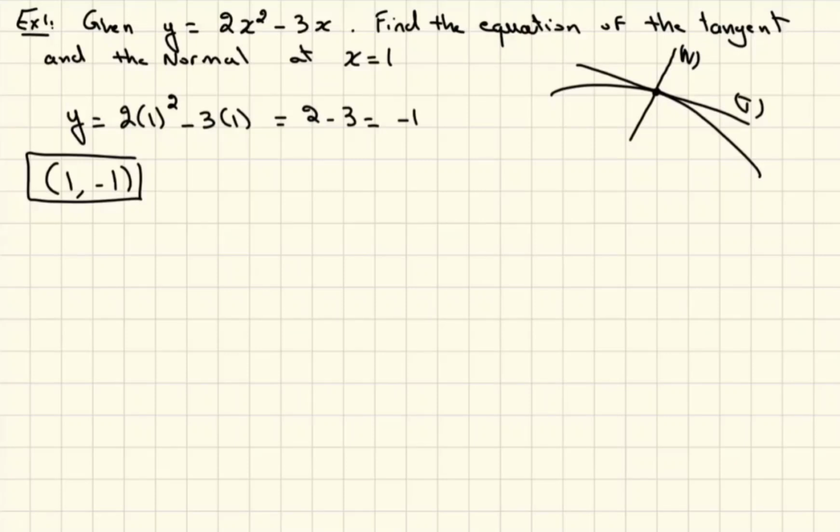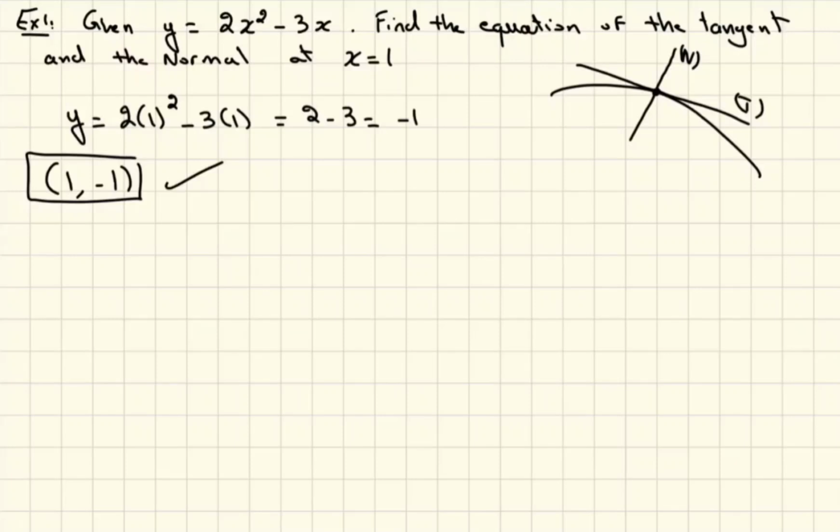Now, as we spoke before in the previous video, the gradient of the curve at a specific point is the same thing as the slope of the tangent line at that specific point. So the first step is to find the point. If it's already given to you, then no need to worry about it.